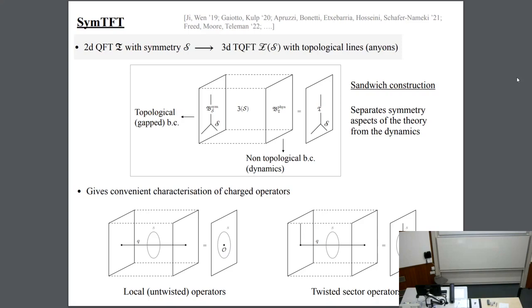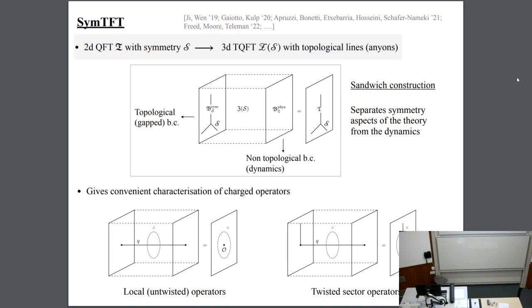Okay, and this also gives a very convenient characterization of operators that are charged under the symmetry. So suppose that I want to construct an operator O in this theory charged under the symmetry, and this comes from a topological line in the SymTFT stretched between the two boundaries, like in this case.